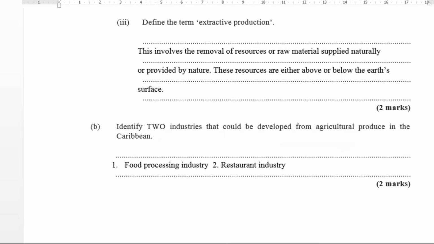Like when persons do mining, they remove whatever it is that they're removing from under the earth. When persons are fishing, the fish appear naturally. Nobody makes the fish, the fish are out there in the sea. God made them, and they appear naturally. So that's extractive production. Those are some examples of extractive production.